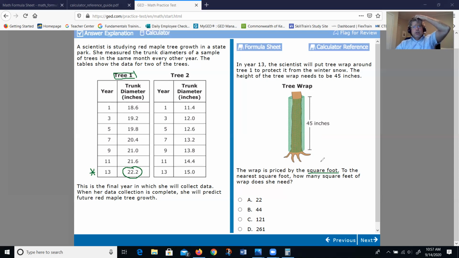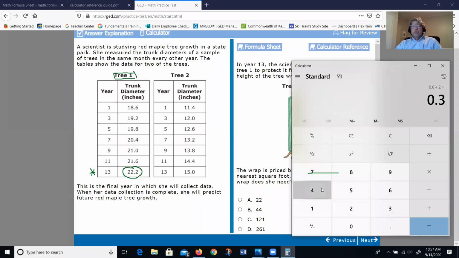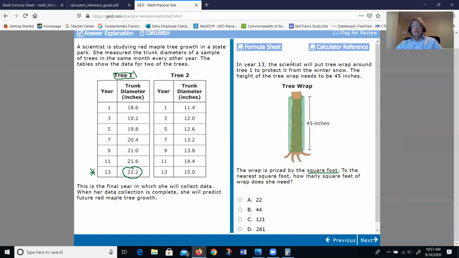So these units have to be converted over into feet. Since there's 12 inches in a foot, we can divide 45 by 12 to get how many feet are there. So 45 divided by 12 is going to give me then 3.75 feet. So this is going to be 3.75 since we need it to be in feet.